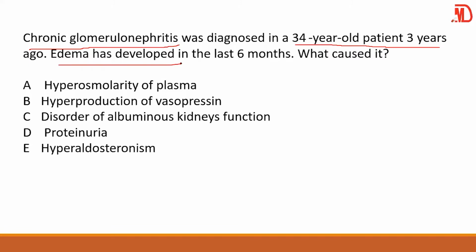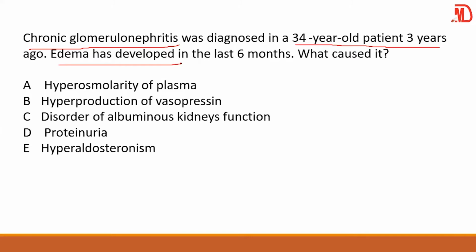Good. Now, I mentioned hydrostatic pressure. When there's high hydrostatic pressure in the vessel, we call it hypertension or high blood pressure, because too much pressure is there, too much volume is there.